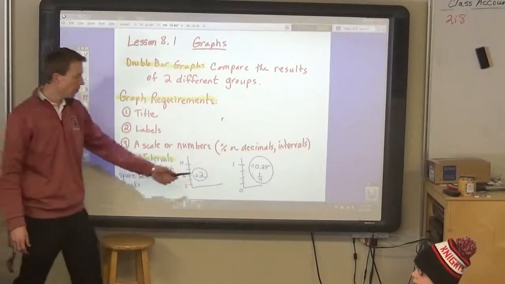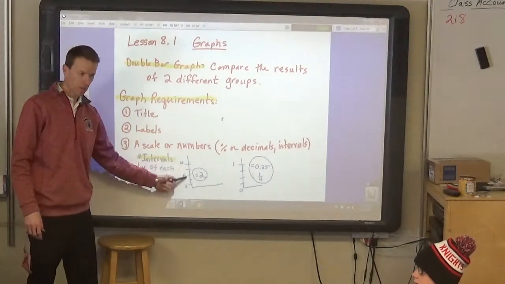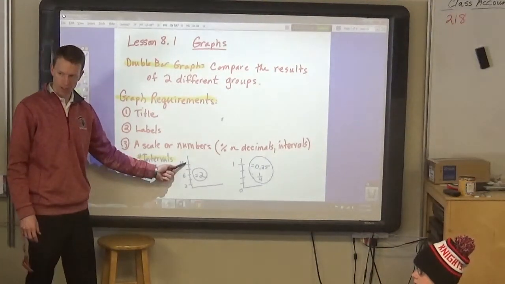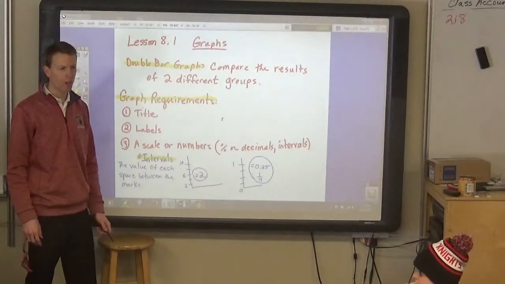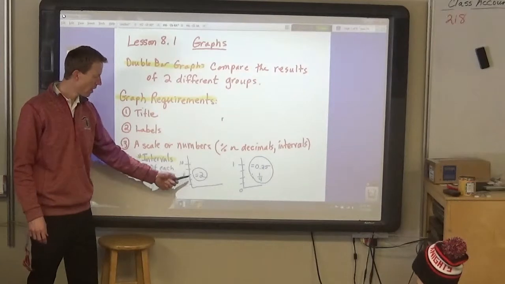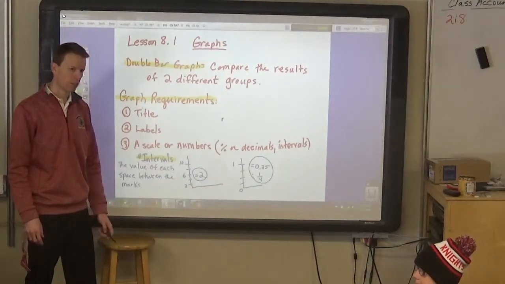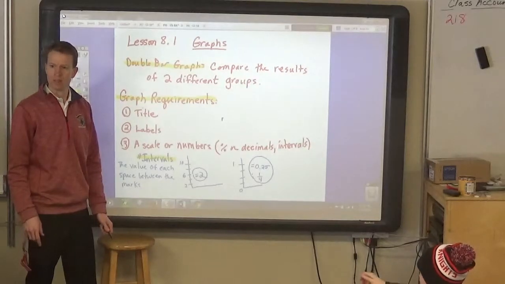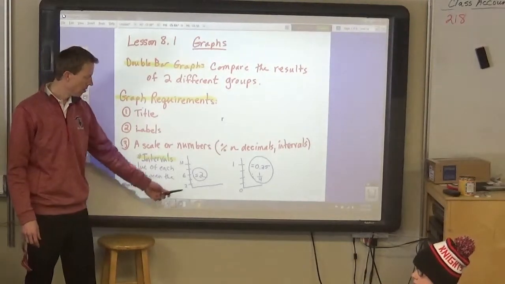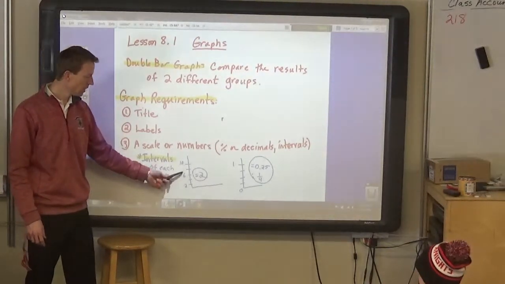All right? Notice that on the scales, the example of the scales that I show you here, is every mark labeled? No. This one has every other mark labeled. Well, what is the interval? 2, 4, 6, 8? Is it 4, 2, 6, 10?